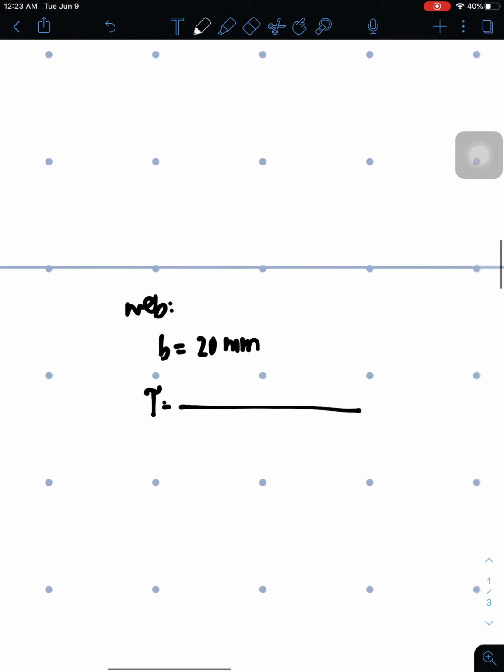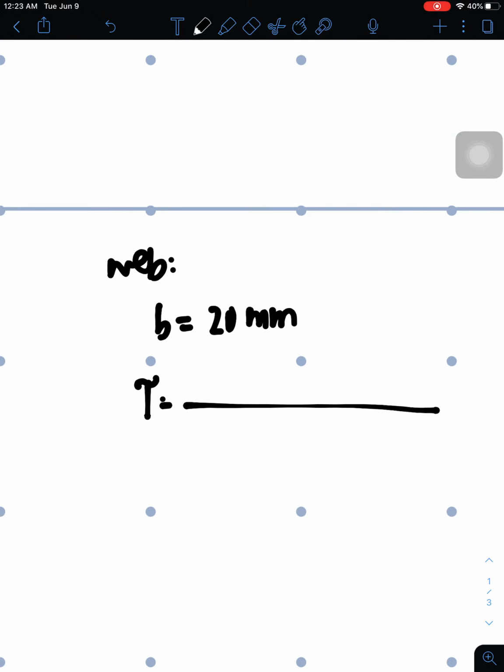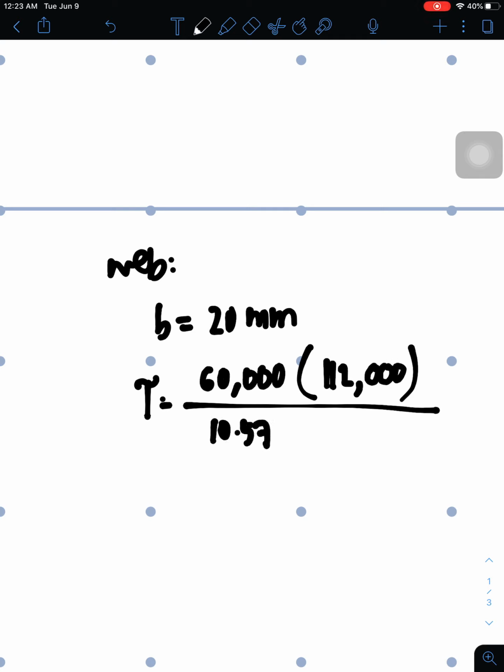So the shear stress would still be 60,000 times the Q, 112,000 divided by 10.57 times 10 to the 6 times 20. So the shear stress is 60,000 times 112,000 divided by 10.57 times 10 to the 6 times 20.